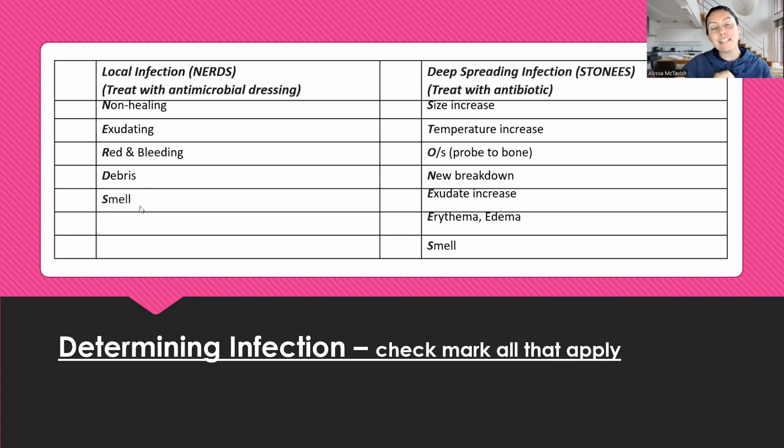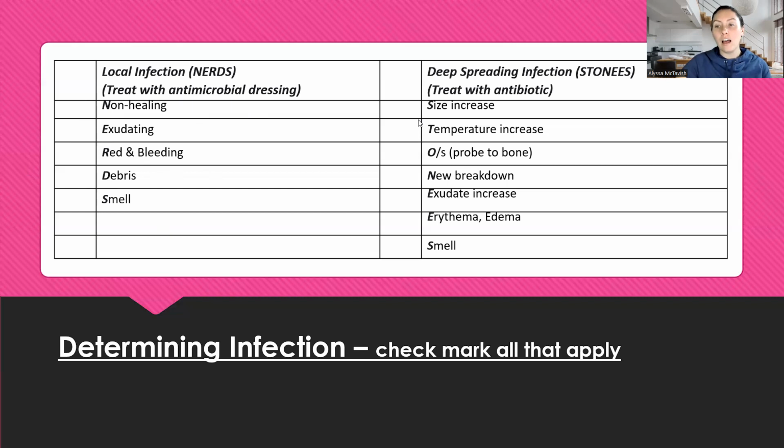Okay, now you have to have 3 of these. Okay, so 3 for it to be clinically infected for you to treat. Okay, so if you have 3 of these, so it's non-healing, there's increase in exudate, and there's debris, so the like slough material, then you treat it.